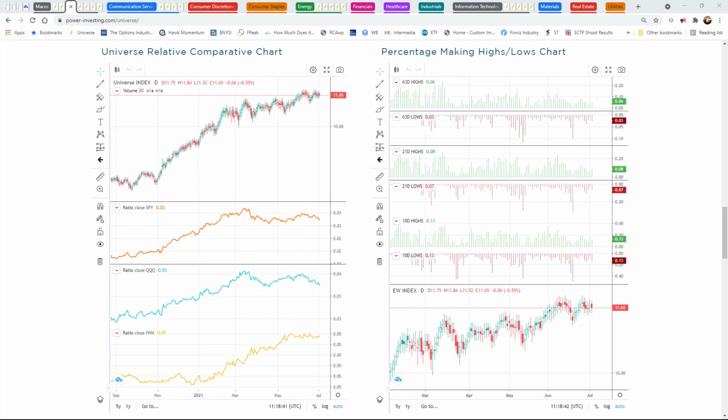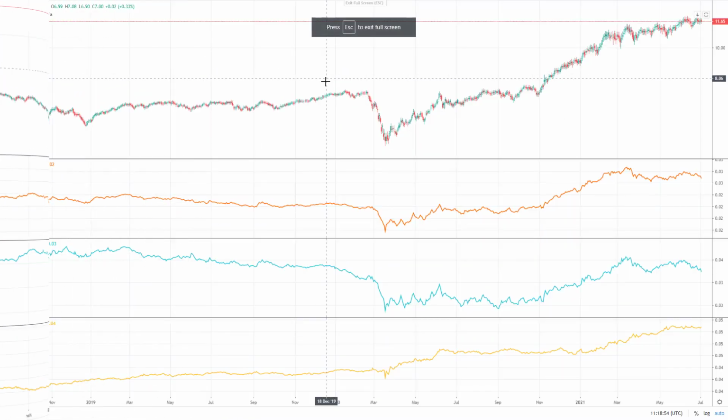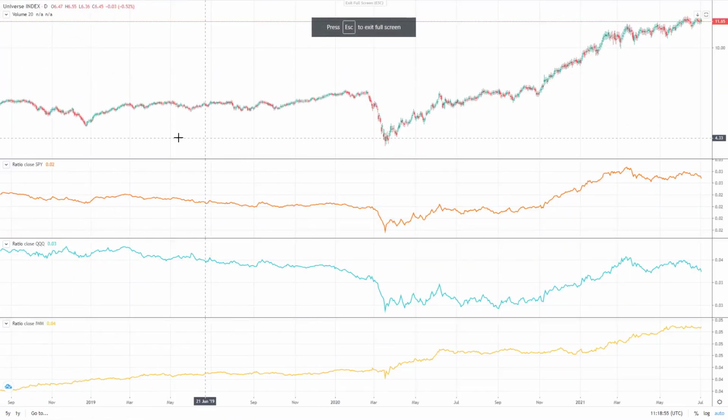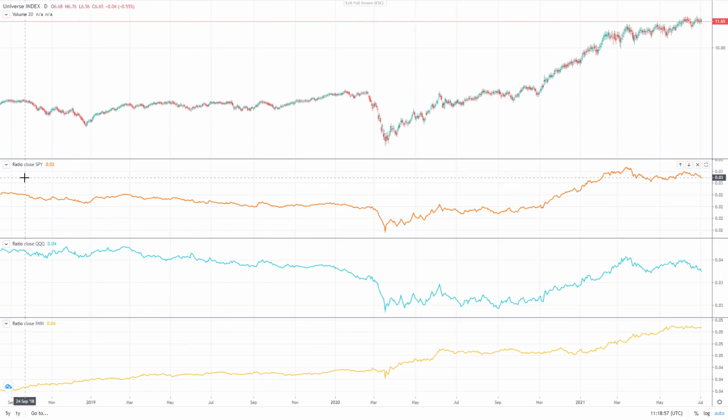It's really that simple. As we start here on the universe page, we'll go ahead and expand it and take a look. The three main things we compare on every chart are the SPY, the QQQ, and the IWM, the same three indexes we started with on the macro page. This gives us a great view of whether the broad markets are outperforming or underperforming these particular indexes.